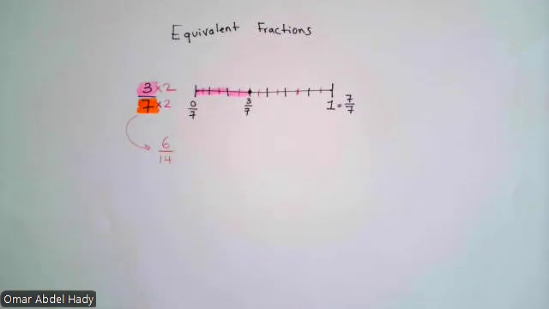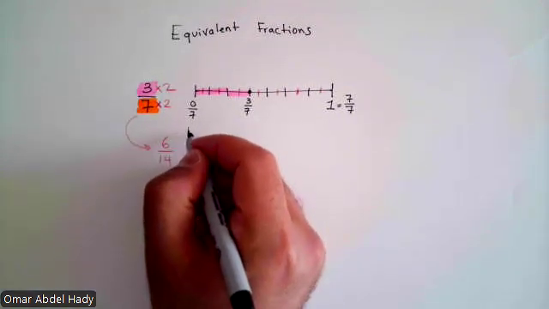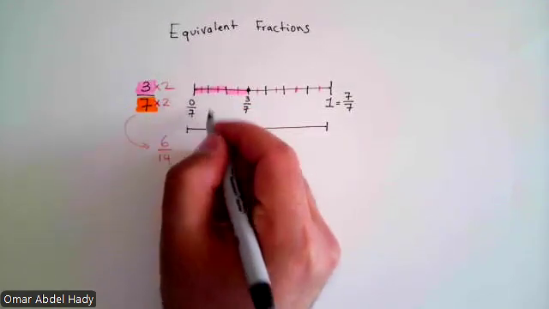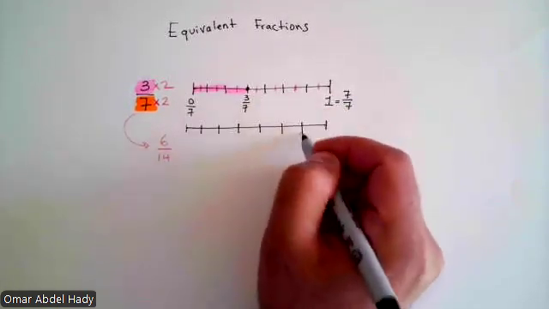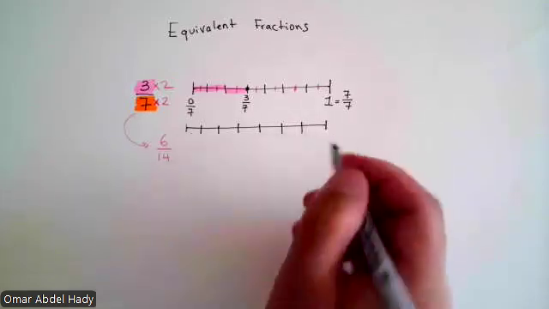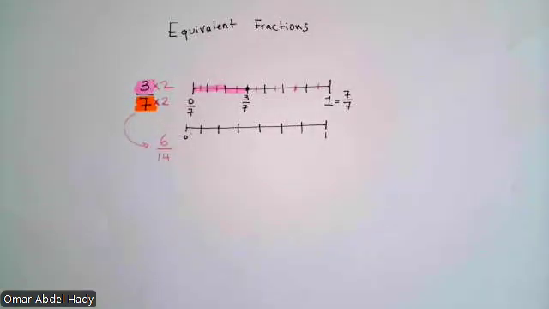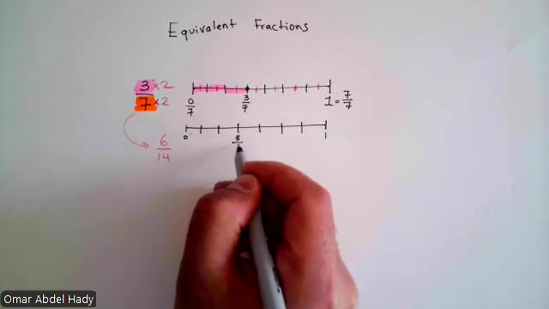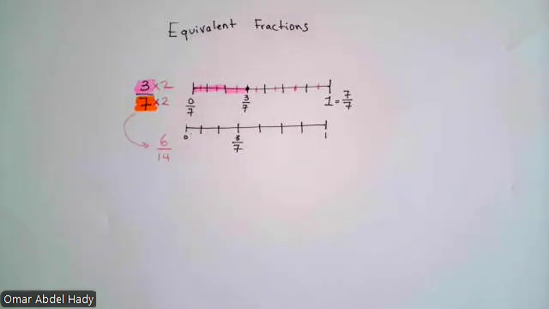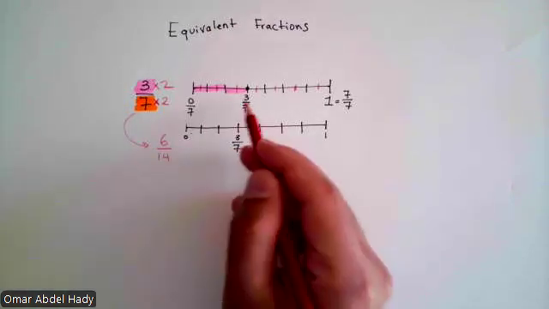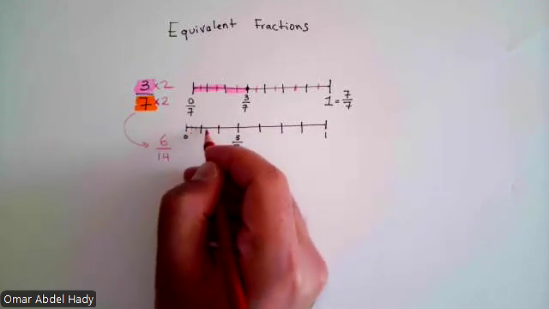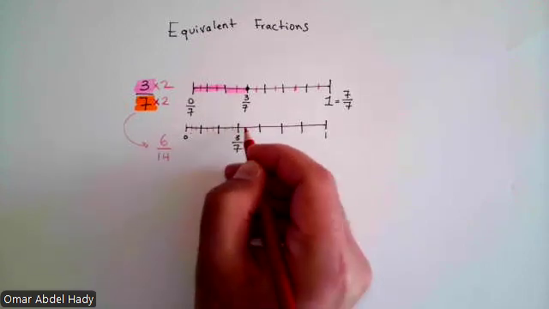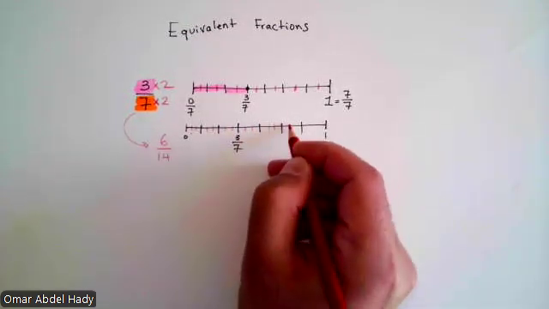Now, I can create another equivalent fraction the same way. If I take my whole again, that is broken into seven parts, one, two, three, four, five, six, seven. Seven sevenths make up a whole, and we have only 3/7. I can partition the 3/7 into three parts. Like the first time I did by two, for the second fraction, I'm going to partition it by thirds. So I'm going to break each seventh into three parts.